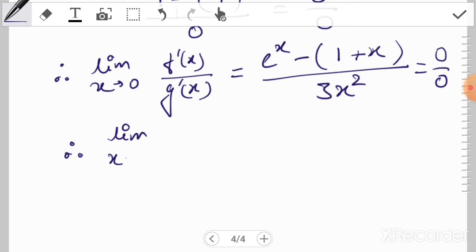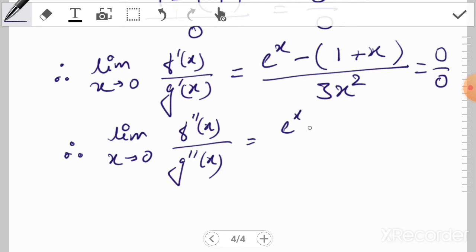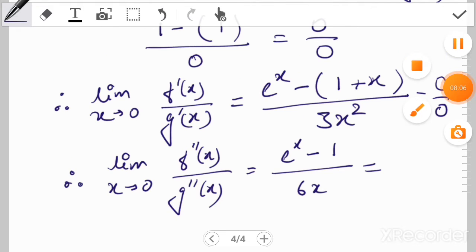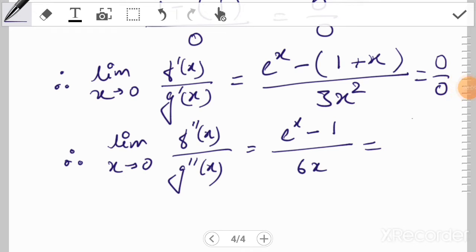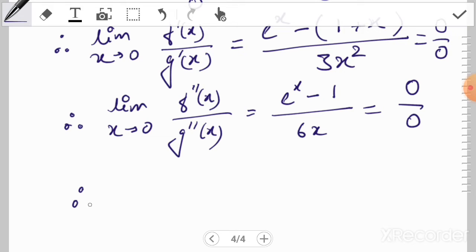So the limit as x tends to 0 of f''(x) by g''(x), which is e to the power x minus 1 by 6x. Now if you put x equal to 0 here, this is in the form 0 by 0 again, okay. So we need to differentiate it once again.